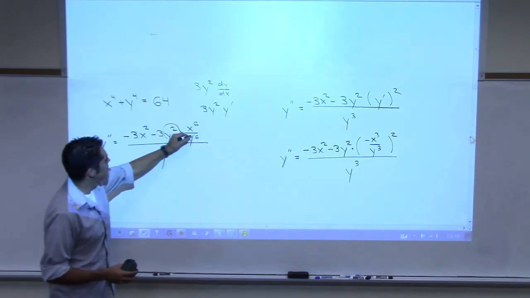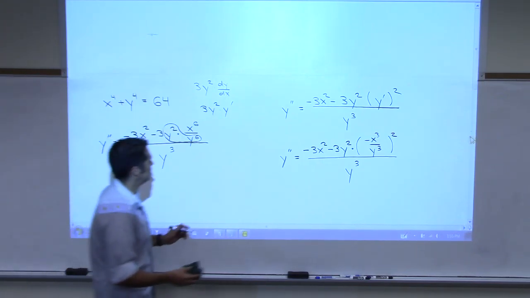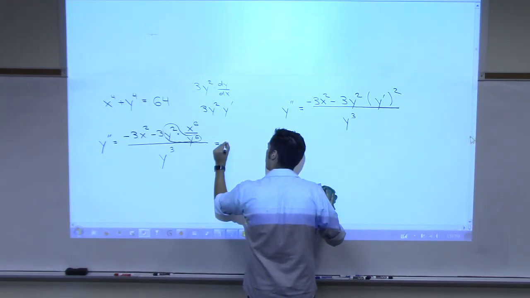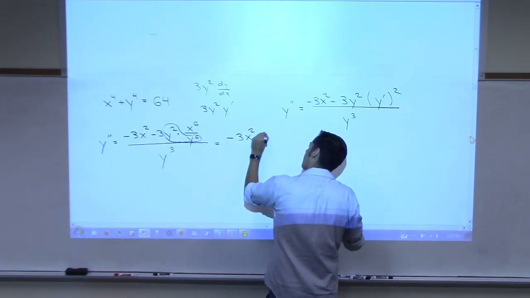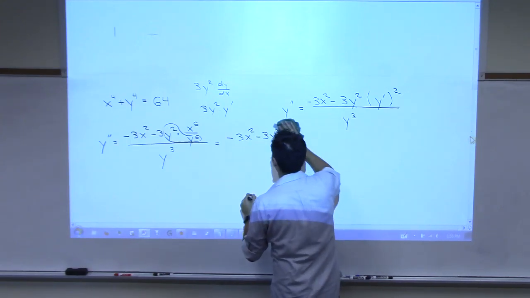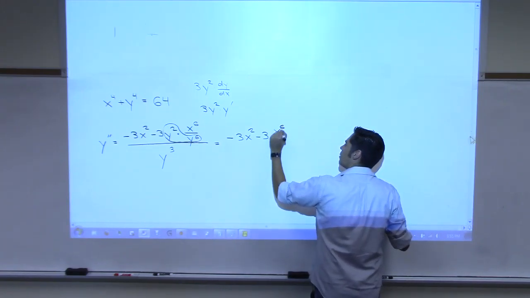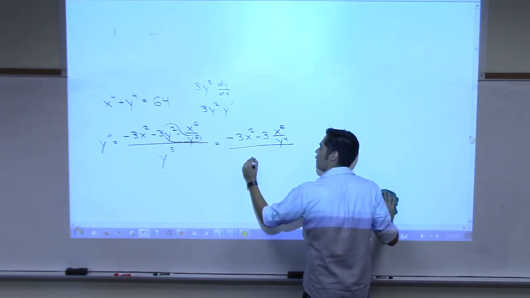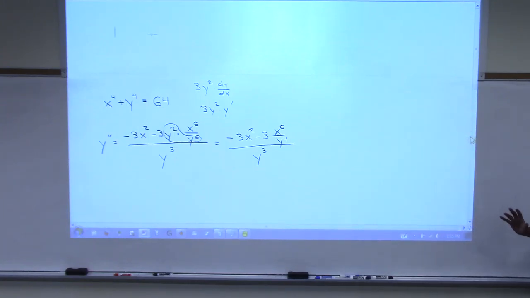Like this right here is really like a what? y to the 4th on the bottom. Equals negative 3x squared minus 3y squared. Oh no, sorry, that y squared's not there. It's what? 3x to the 6th over y to the 4th all over y to the 3rd.